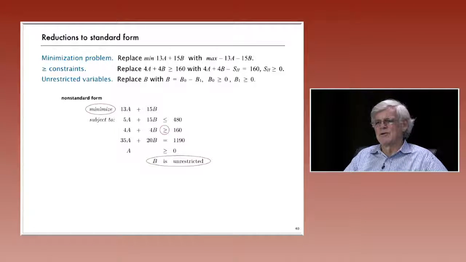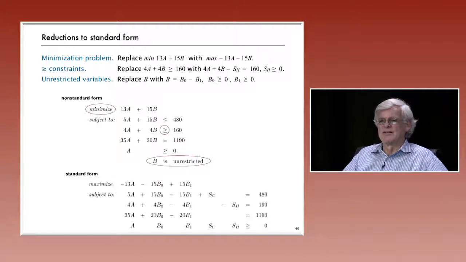And if you have variables that are supposed to be unrestricted, just replace it as the difference between two variables that both have to be positive. So those are just examples of taking a non-standard form and reducing it to a problem that's in the standard form.